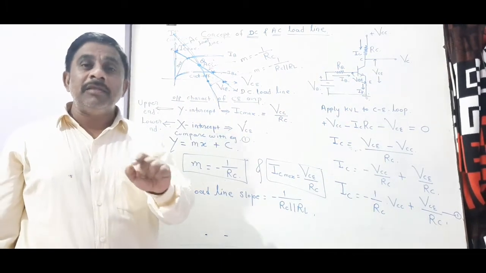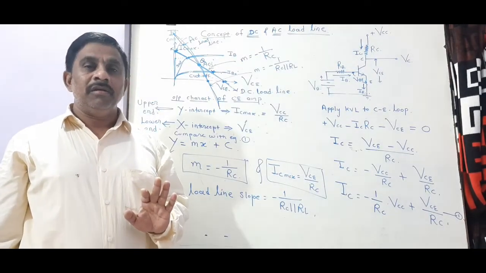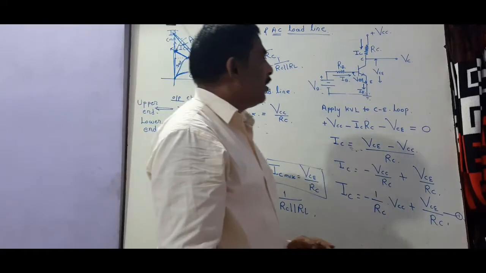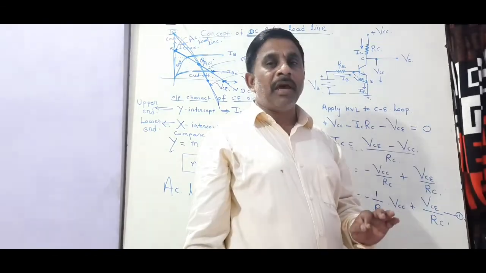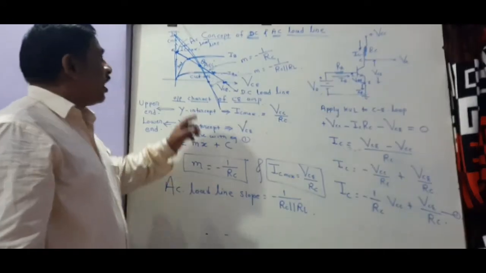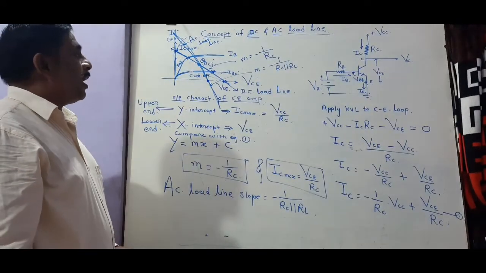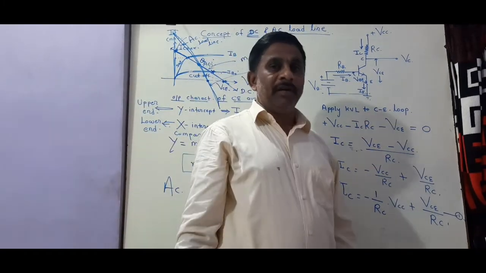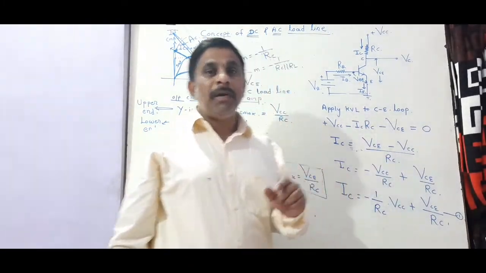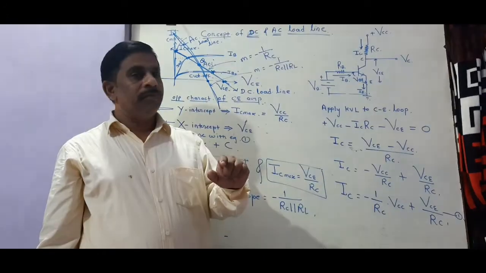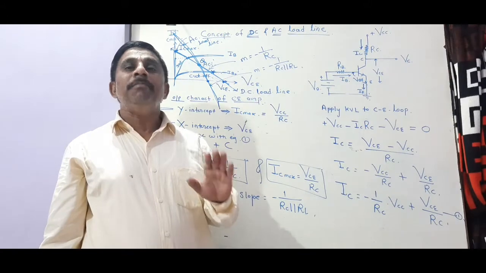Then we get faithful amplification. But practically it is not possible due to variations in the parameters of the transistor. Those are known as temperature dependent parameters, and the first one is ICQ, VBE and beta.